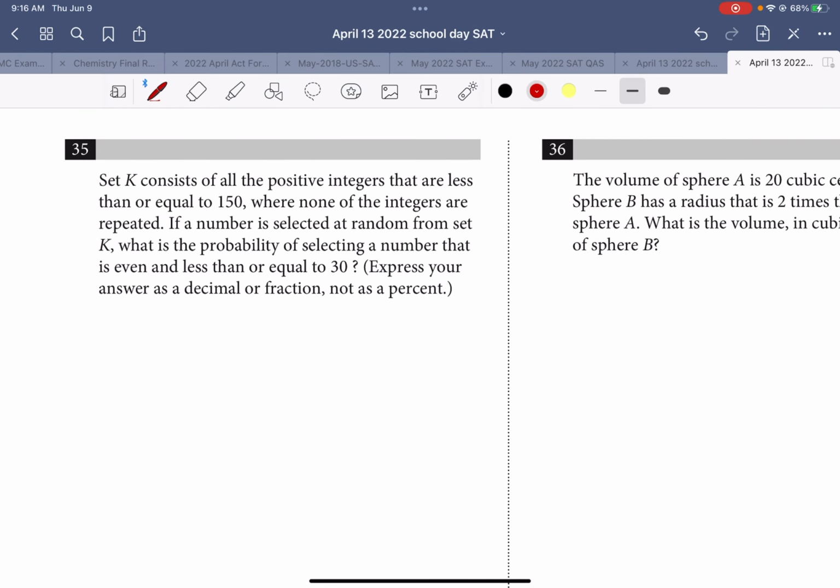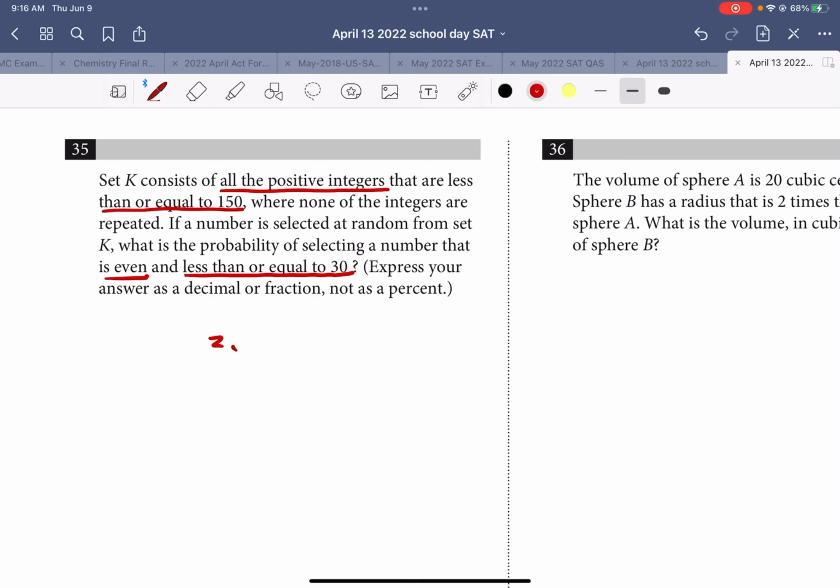Number 35. Set k consists of all positive integers less than or equal to 150, where none of the integers are repeated, and a number is selected at random from the set k. What is the probability of selecting a number that is even and less than or equal to 30? So what's your favorable outcome? Selecting a number that is even and less than or equal to 30.